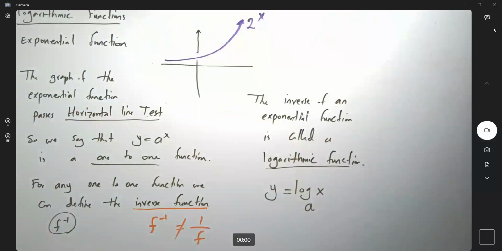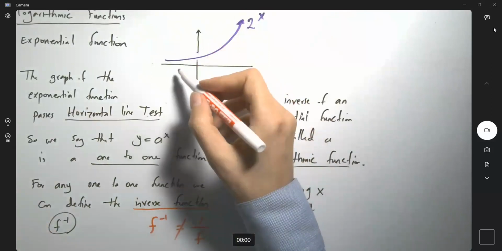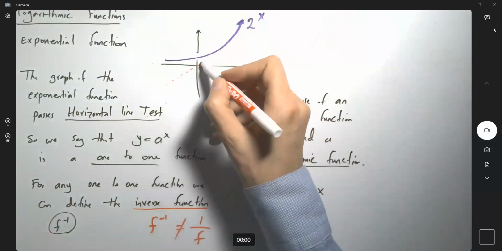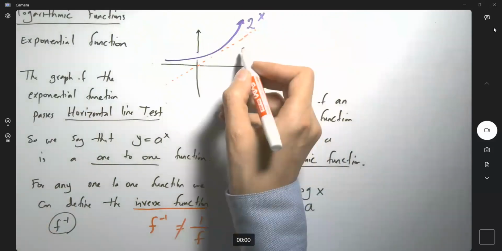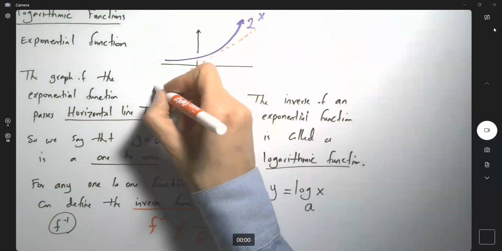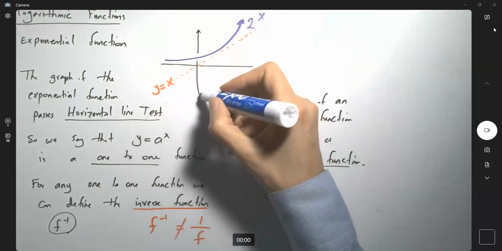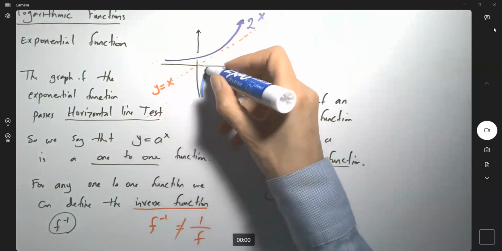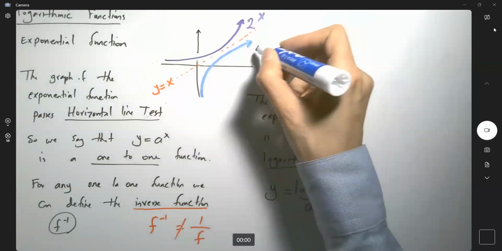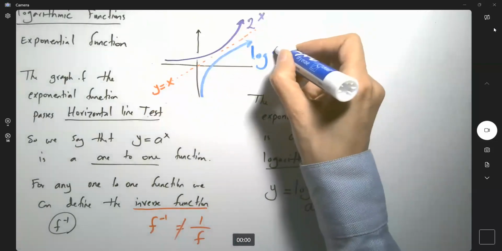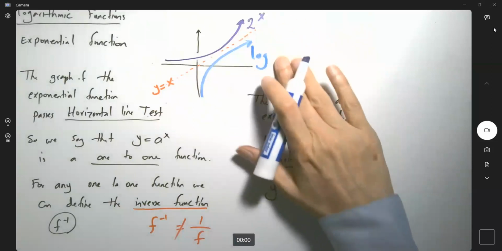And the logarithmic function is going to be reflected with respect to y equals x. So that function behaves like this. This is log of x base 2.